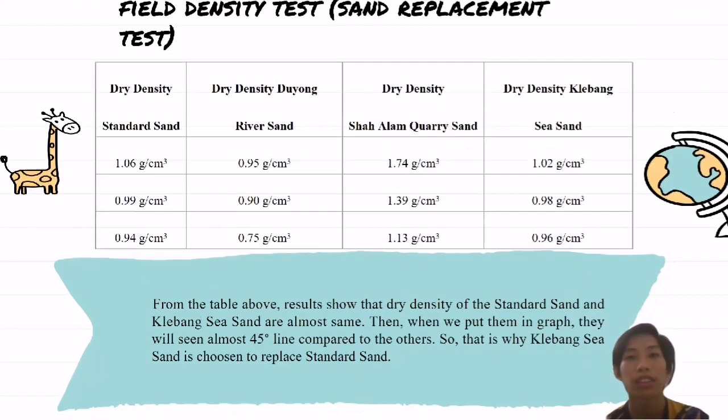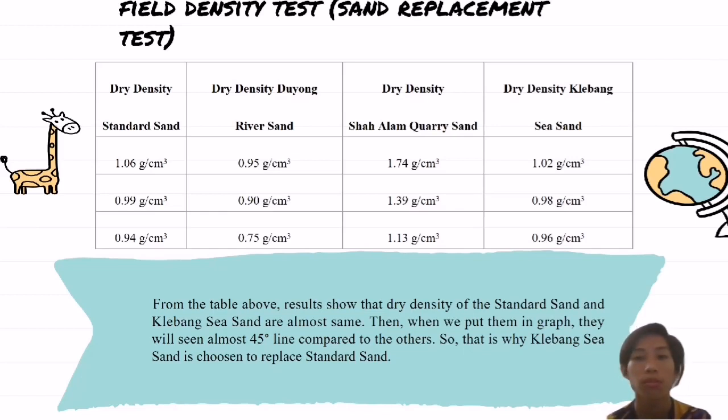Next is the field density test, or sand replacement test, or sand cone replacement test. From the table above, the results show that the dry density of the standard sand and sea sand are almost the same, which is 0.94 gram per centimeter cube and 0.96 gram per centimeter cube.